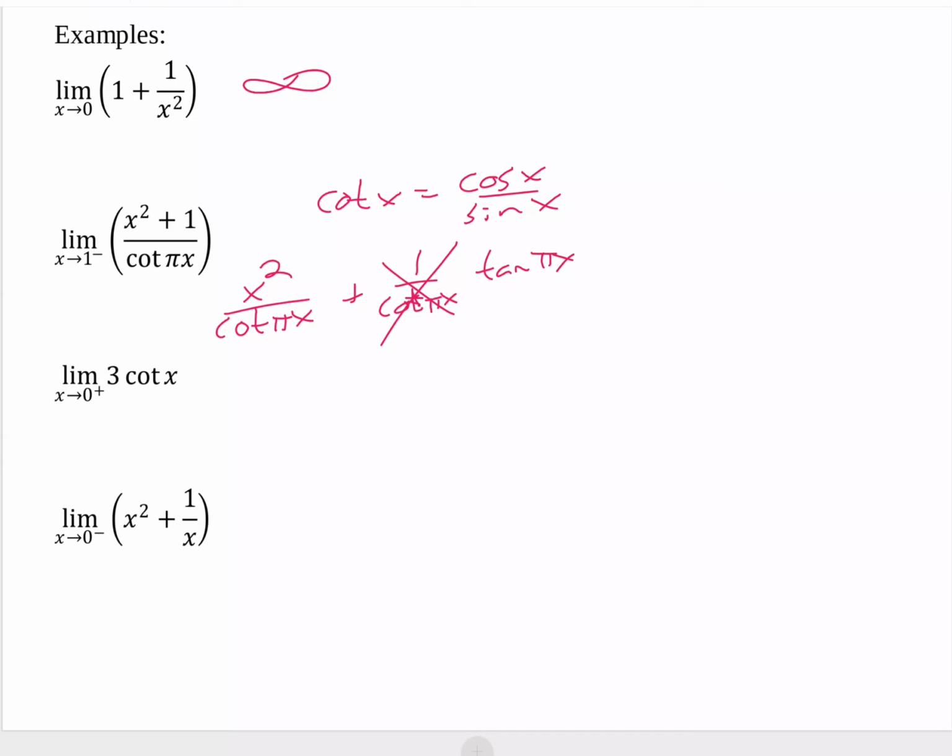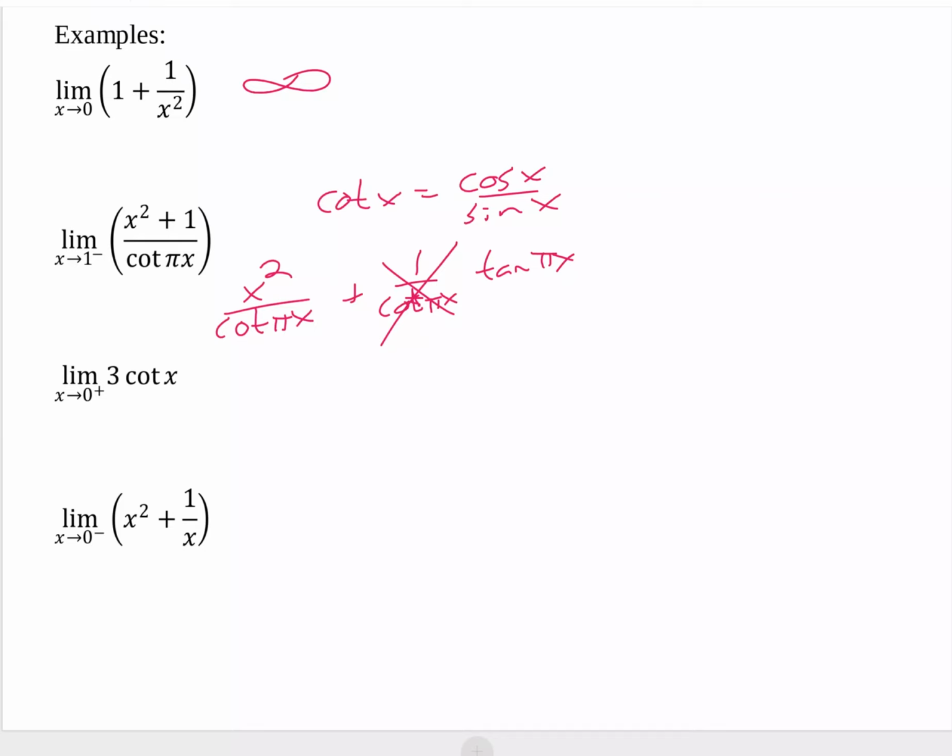Could we break the second one apart further? No, we would leave that alone. But what is x squared? Can I direct substitute there? Well, that would just be 1 on top, right? So what's cotangent at pi as we come in from the negative side?